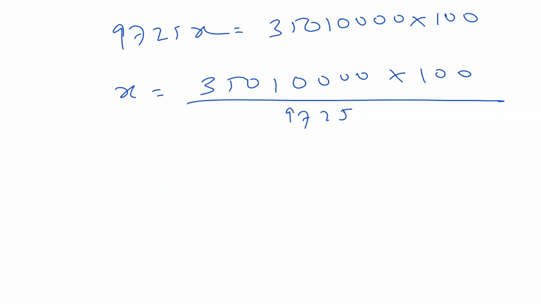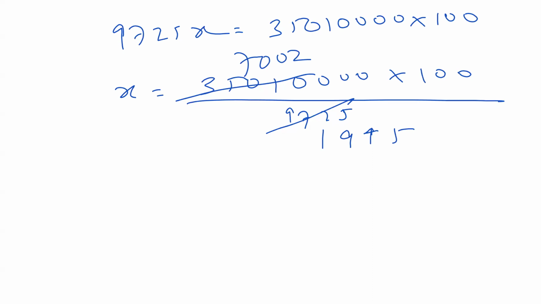Okay. So see, both the numbers up and down are divisible by 5. So I'll reduce it by 5. So 9725 will be 1945 and this will be 351 7002.